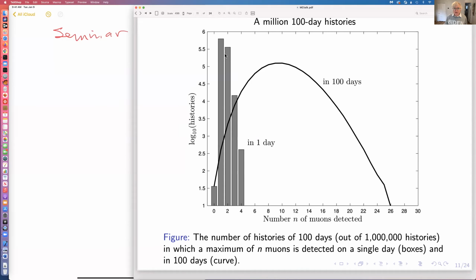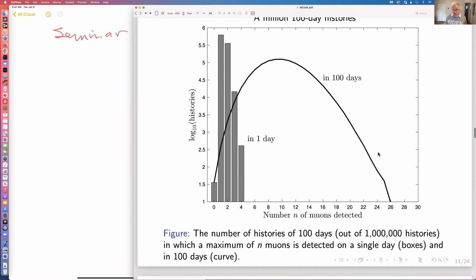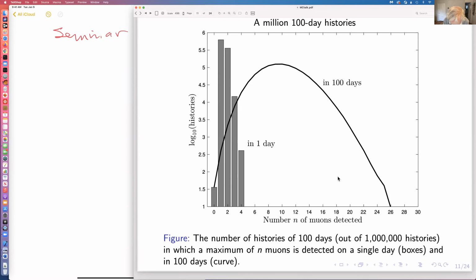That is to say, this, of course, is a log to base 10 of the number of histories. And this gives then a pretty thorough description of the experiment, such that if something happens that's suspicious, you can say, well, does it look reasonable in view of these 1 million histories?